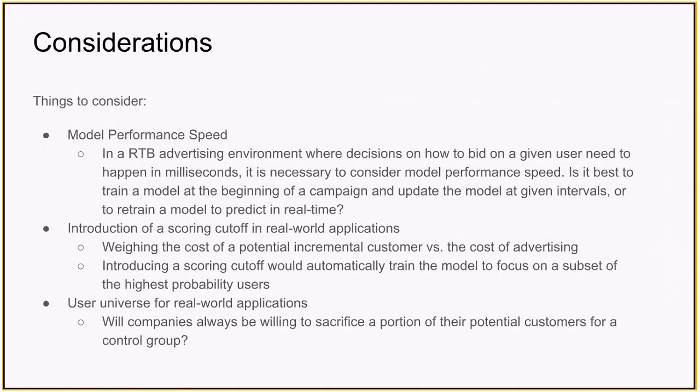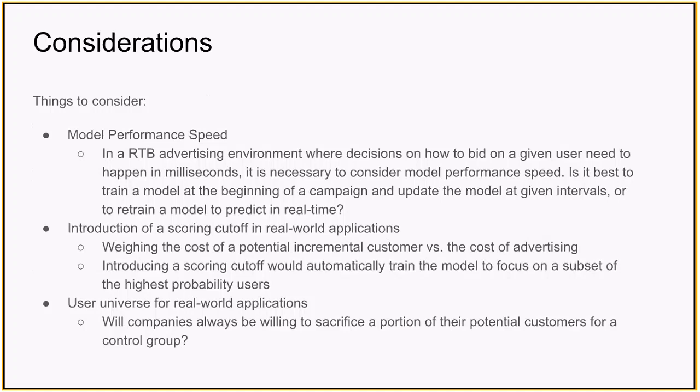Things that we definitely want to consider when we build our final model is that we are going to train our model on all 25 million rows of the data set that we have available. But in practice, performance speed is going to be very important, given that this is geared toward display advertising.